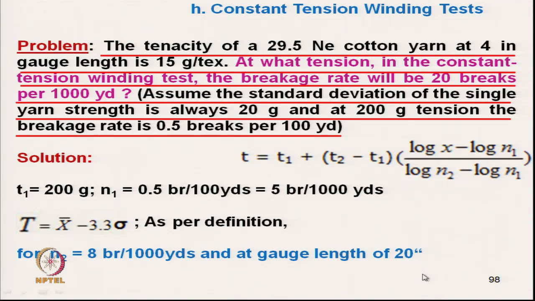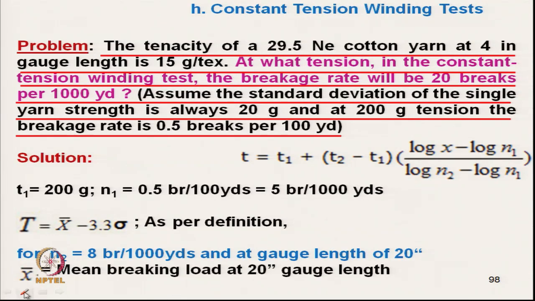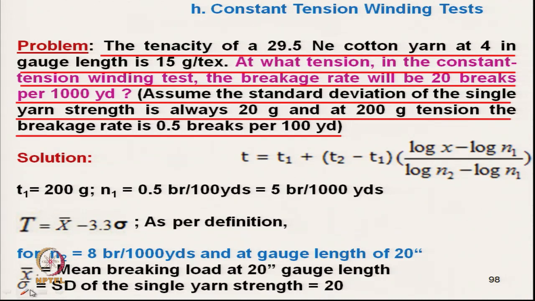So, gauge length is known. So, this x bar is the mean breaking load at 20-inch gauge length. If we can get this x bar value, then the T value will be the T 2 value, and standard deviation here is given 20 for all the conditions, always standard deviation is 20.